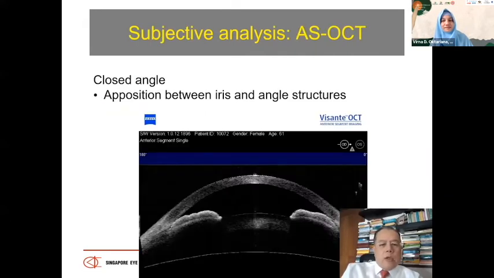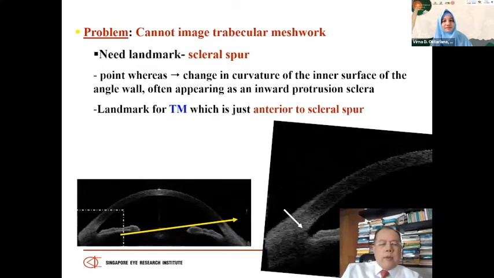So let's talk first about the subjective analysis. And in this picture, we have to tell, is the angle closed or not? The problem with the anterior segment OCT images is that in most images, you cannot image the trabecular meshwork directly. And so we use a landmark called the scleral spur.